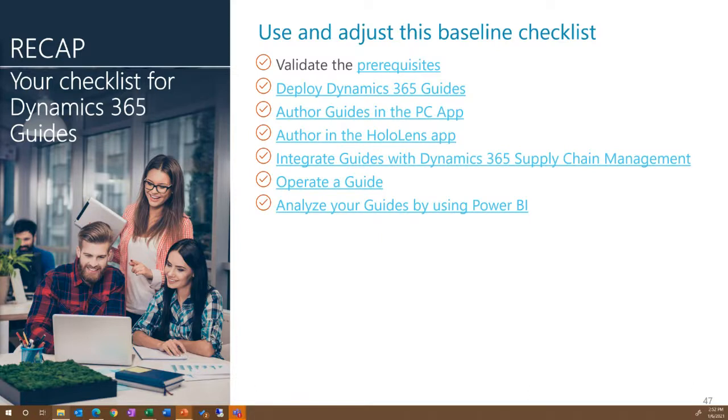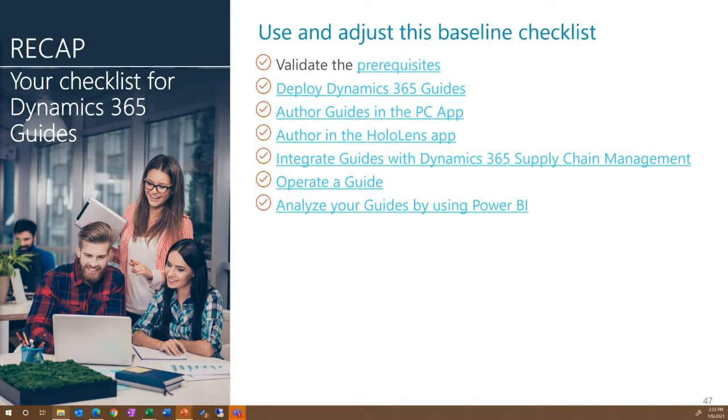And then you'll go through the process of deploying Dynamics 365 Guides. Once it's installed, you're going to start authoring guides in the PC app, and then you'll need to go through the process of authoring in the HoloLens app. That's where you're going to create those anchors and position any of those objects that you added to your guide from the PC. If required, at this point, you can start integrating those guides with Dynamics 365 Supply Chain Management.